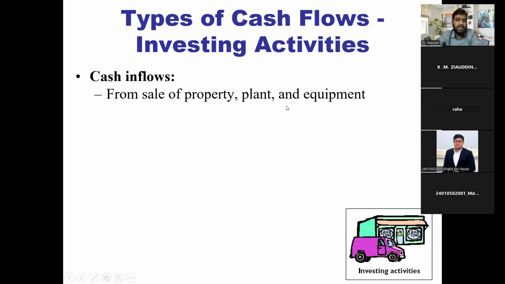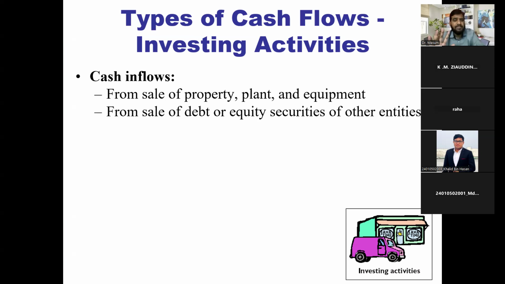From sale of property, plant, and equipment, as you can recall, when you are selling sewing machines, your garments company selling sewing machines, it is in cash flows from investing activities, because it was your investment. Now you sold the invested assets, you are getting cash. So it is cash inflows from the investing activities.